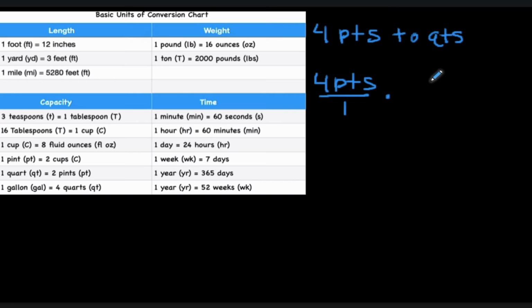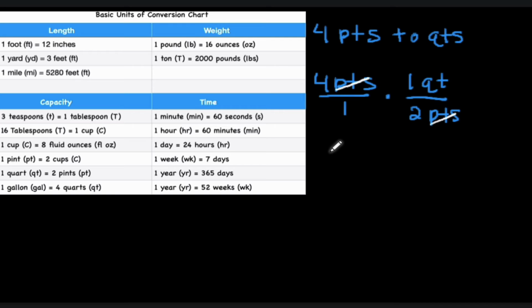Okay, so if you take a look at your conversion chart, we have 1 quart is equal to 2 pints. So we're going to place 1 quart over 2 pints. So this is exactly what we want, because the units of measure in the numerator and the denominator cancel. All right, we're converting from pints to quarts, so that means quarts is in the numerator.